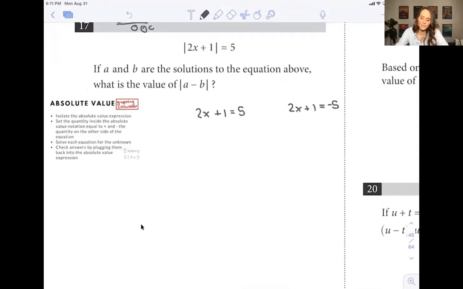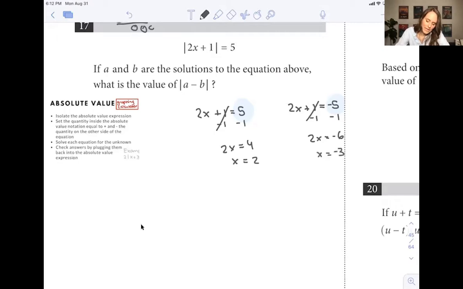So we have two equations, one's equal to a positive, one's equal to a negative, and then we're gonna solve for x. Remember, we keep our variable positive, so we're just gonna subtract 1 from both sides for each equation, and then we're gonna get 2x equals 4 over here, and 2x equals negative 6 over there. So x equals 2 or x equals negative 3.